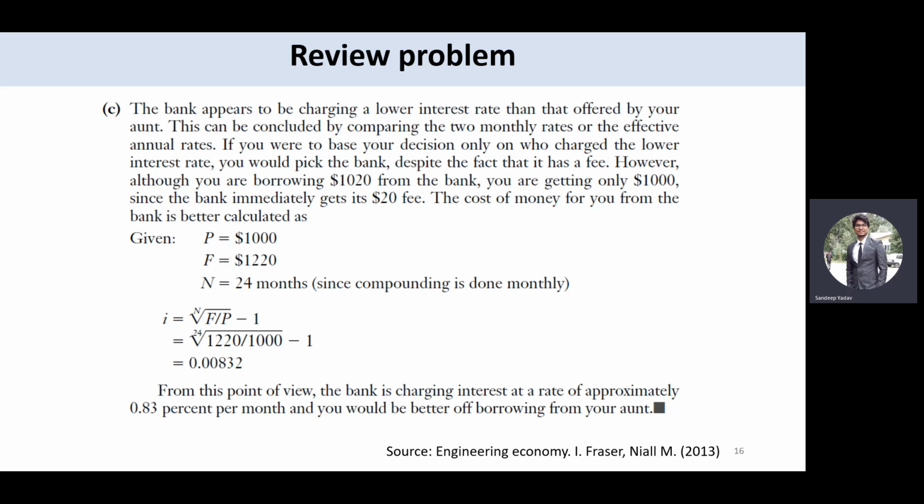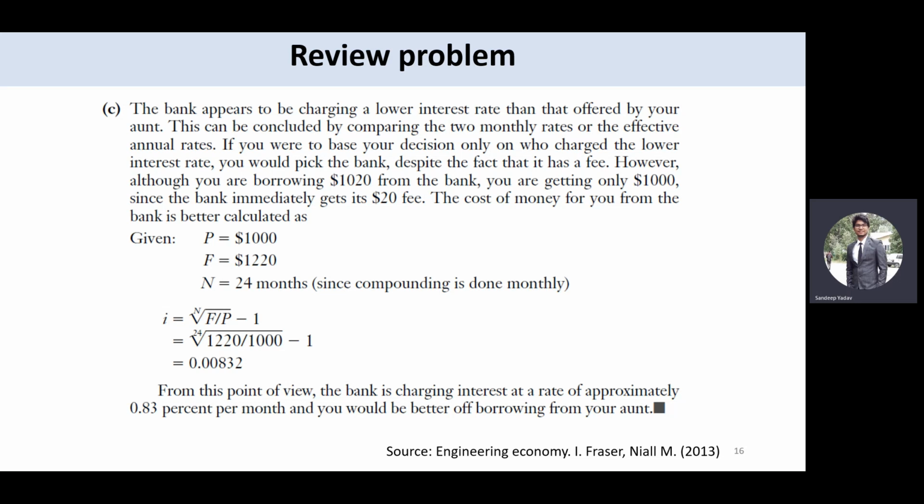If you were to base your decision only on the charge, the lower interest rate, you would pick the bank, absolutely. But the bank has a fee: although you are borrowing 1,020 from the bank, you are getting only $1,000, since the bank immediately takes a $20 fee.